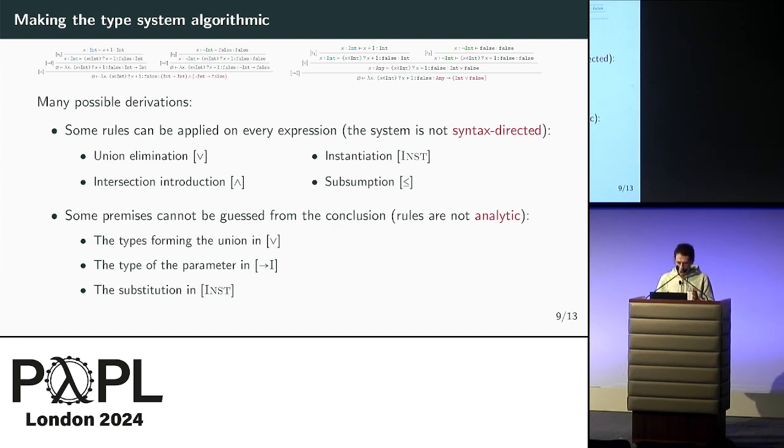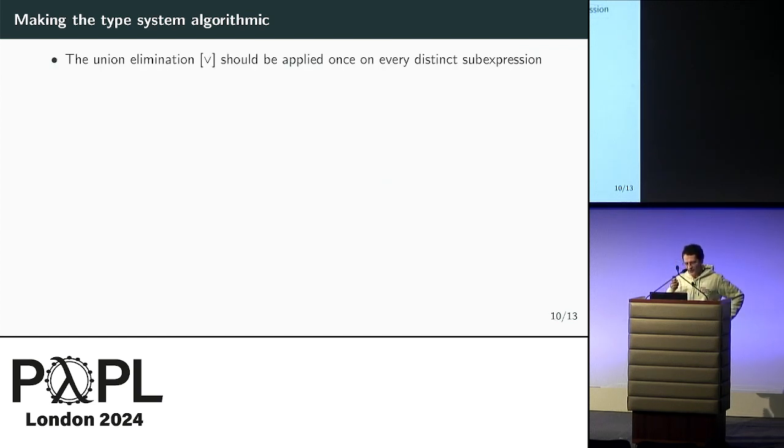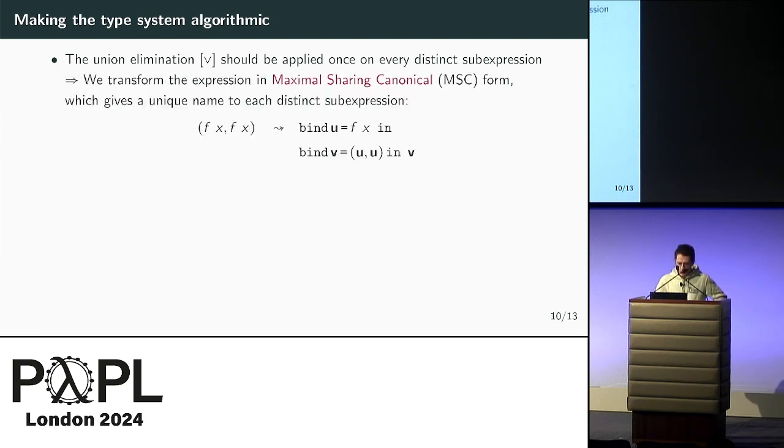So now the challenge is to make the type system algorithmic. In order to do that, we have to choose a strategy. What we choose to do is to apply the union elimination rule once on every distinct subexpression. And by doing that, we do not lose any generality. In order to help us to implement this behavior, we are going to transform the expression we want to type into what we call the maximal Turing canonical form.